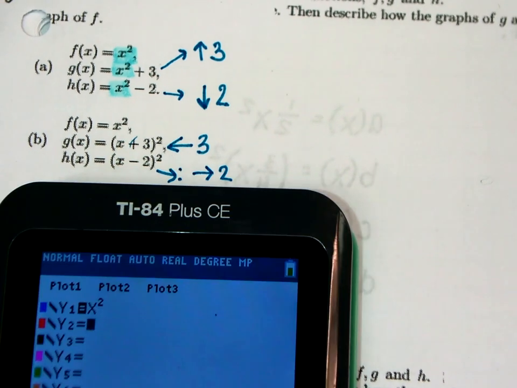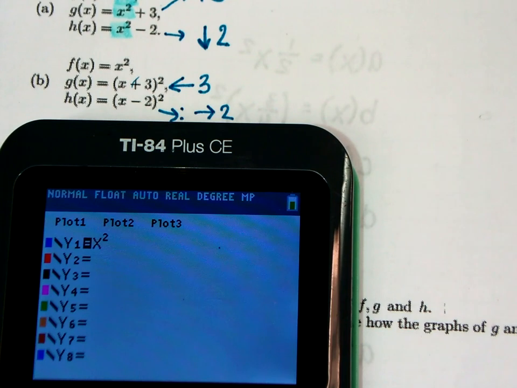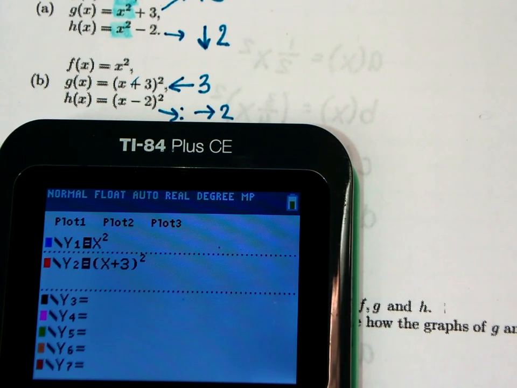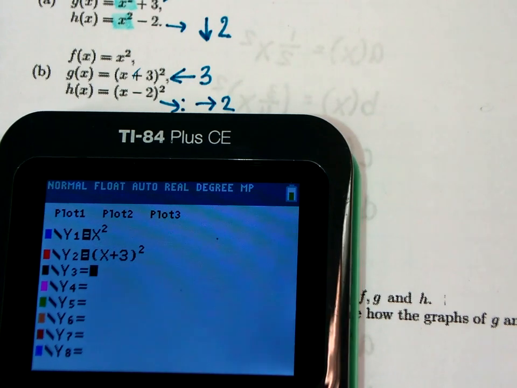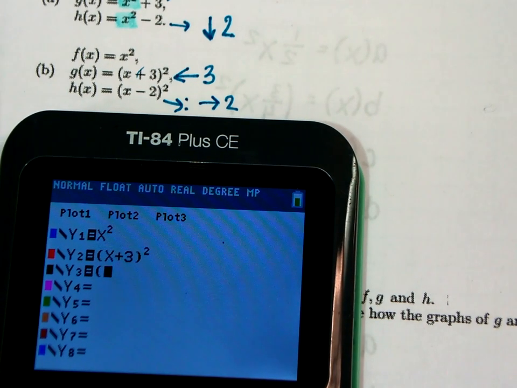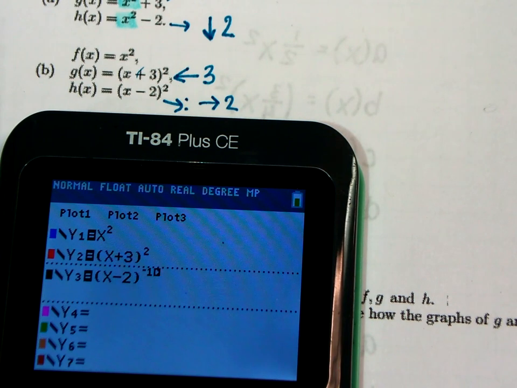So what I'm going to do down here is graph the other parent function like this. So I'm going to graph g of x red and h of x as black. Let me just start over.